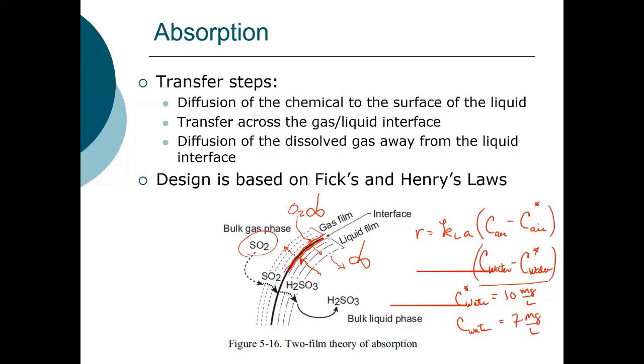From the gas to the water or the water to the gas? It's from the gas to the water. Okay. Now, let's think about this. The equilibrium or saturation concentration is 10 milligrams per liter.